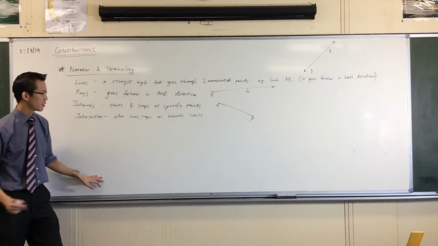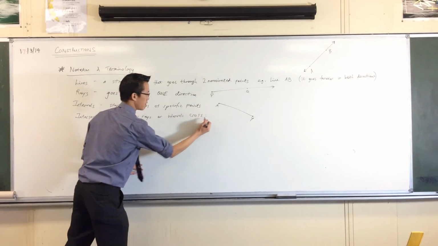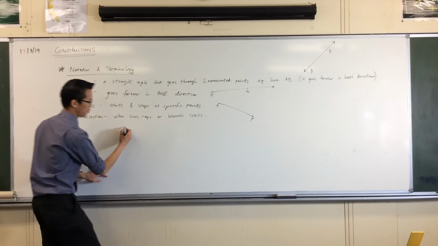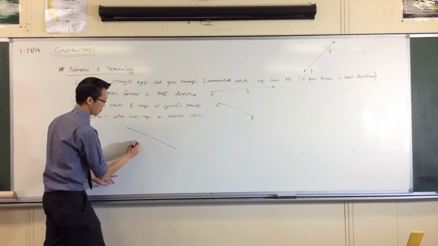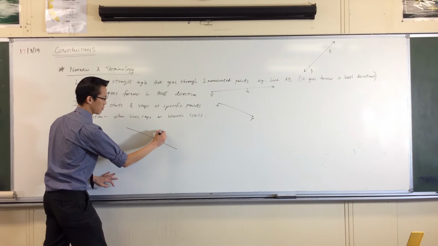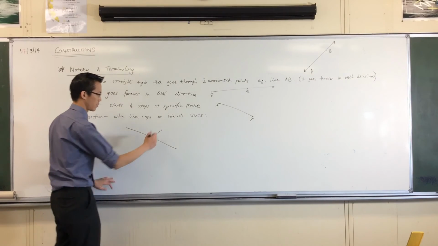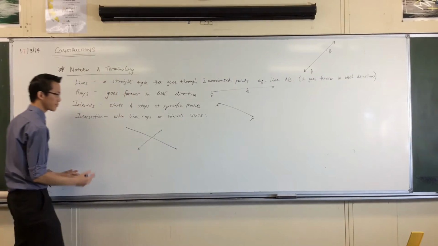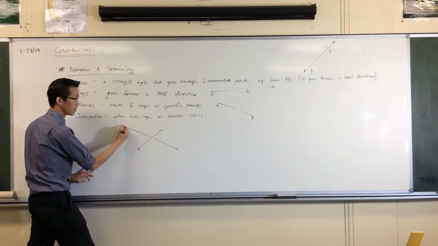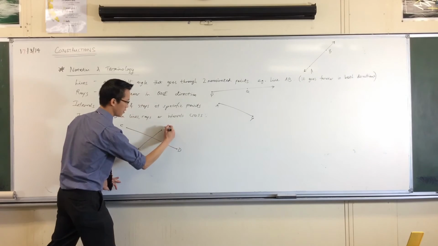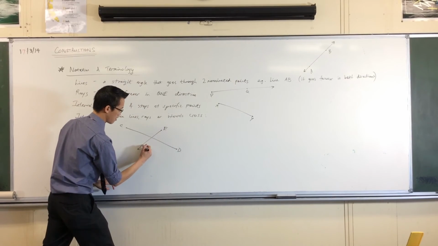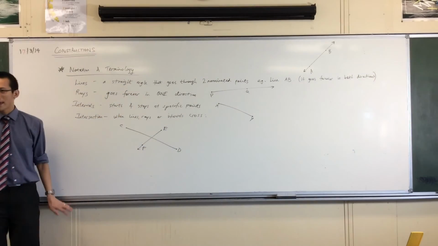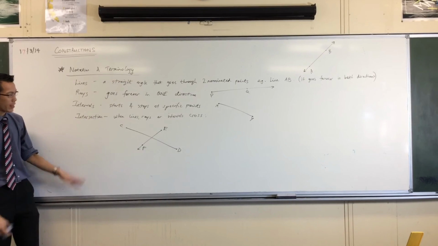Does that make sense? So, for instance, let's draw this. C, D, E, F. Let's describe these very quickly.